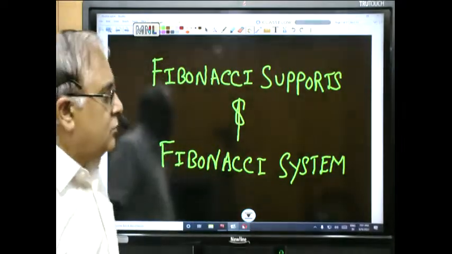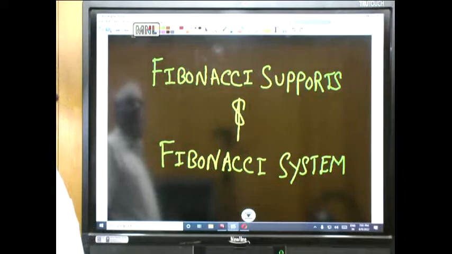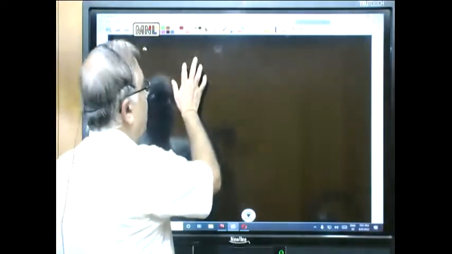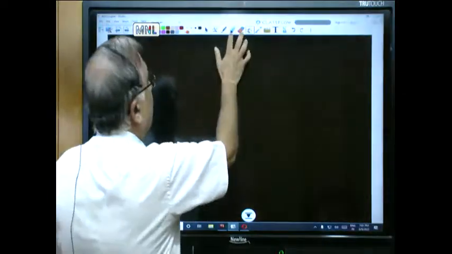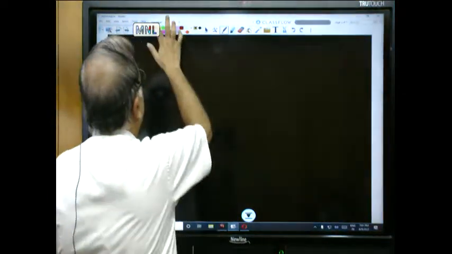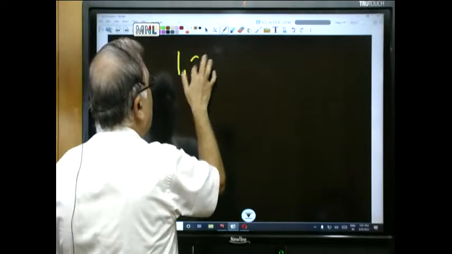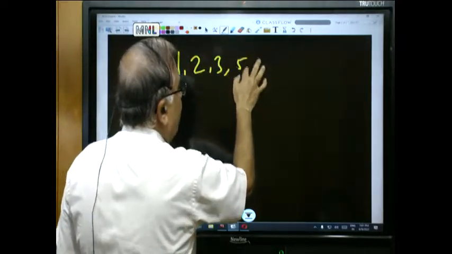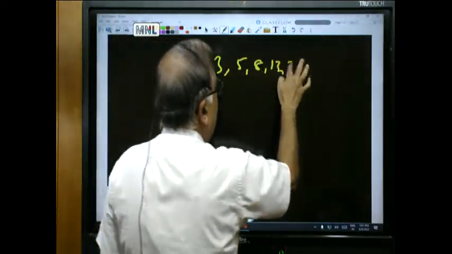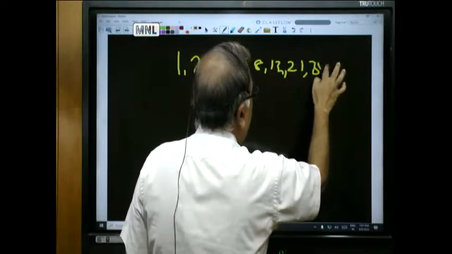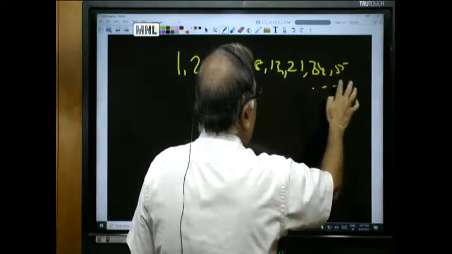Now, just to take you back to the numbers on Fibonacci, it varies from 1 to 3, 5, 8, 13, 21, 34, 55, like that. So it goes on eternally.